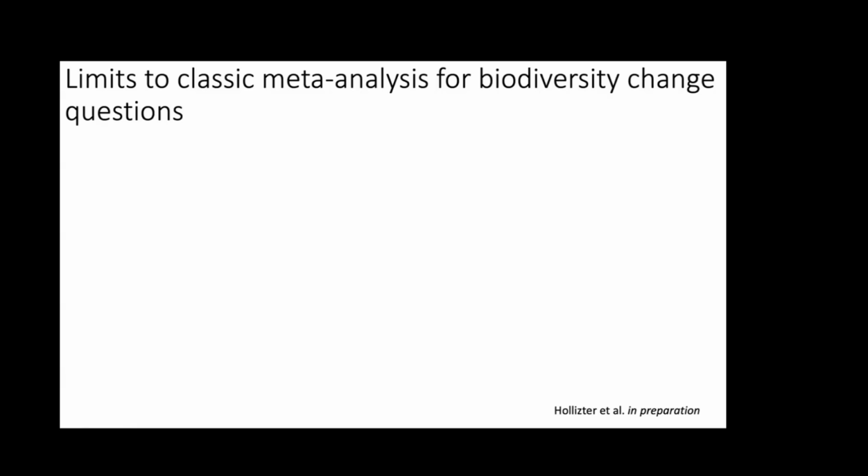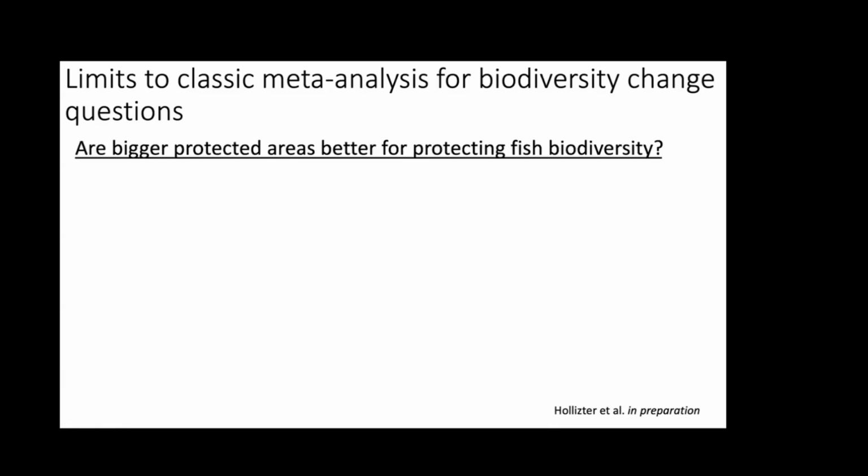I want to give an example from a student's work that I was associated with, Helene Holitzer, and it's no longer in preparation. I'm somewhat proud to say it's published in Ecosphere now, an ecology journal from the ESA, the Ecological Society of America. Helene was interested in asking, are bigger protected areas better for protecting fish biodiversity?